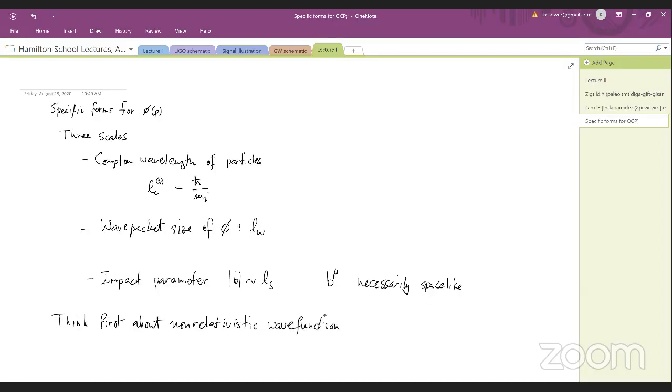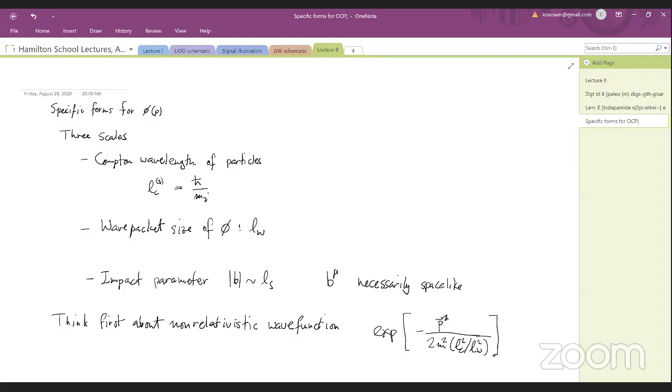So if we want a minimum uncertainty wave function, then we would write down some kind of Gaussian. So we might write down something like the exponential of minus p vector squared. So this is again a 3-vector now. And maybe something like this. And we would have some parameter that is a ratio of these two length scales.